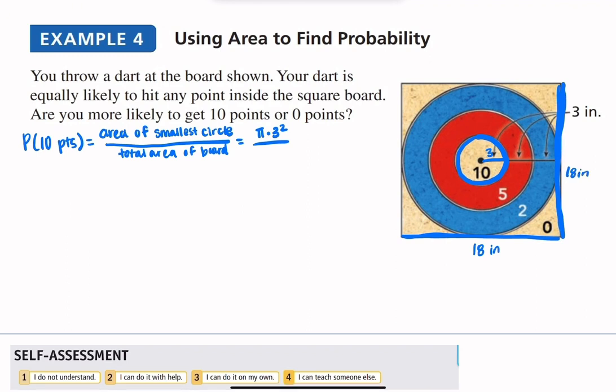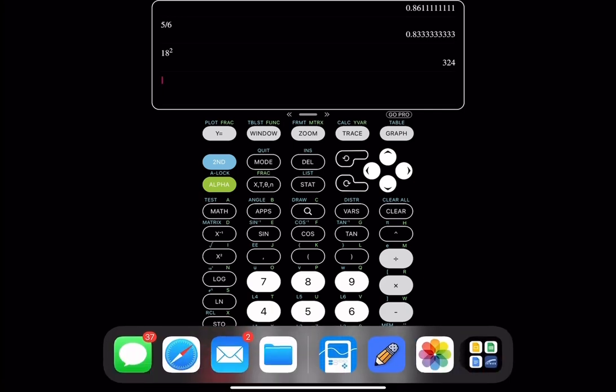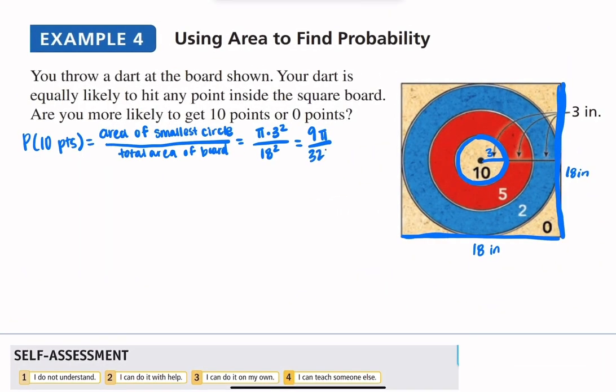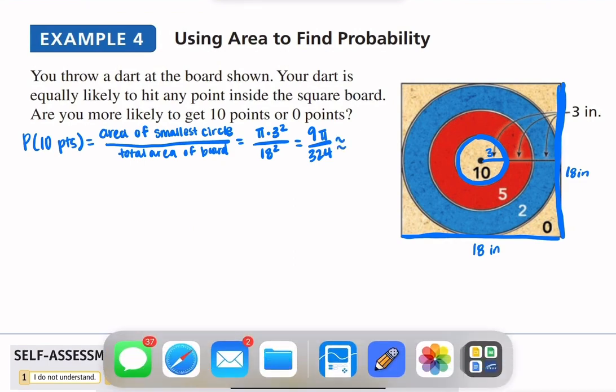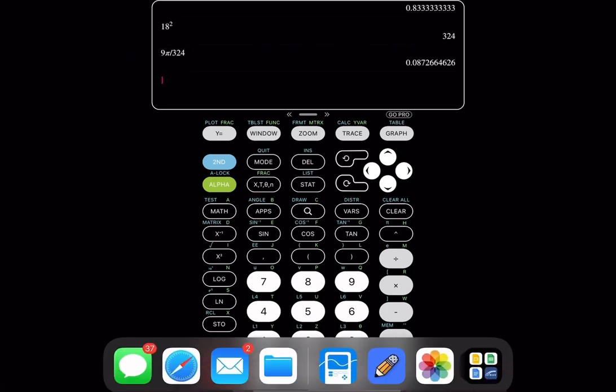So the area of a square is the side squared, so 18 squared. And then we will simplify and divide. So 3 squared is 9, so I have 9 pi over 18 squared, which is 324. And then I will simplify that. Let me use a little squiggly equal. So 9 pi over 324, 9 times pi over 324 is about 0.087.